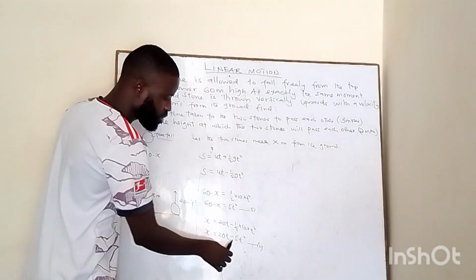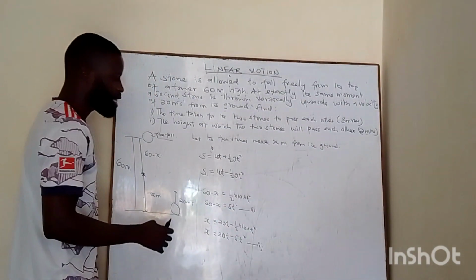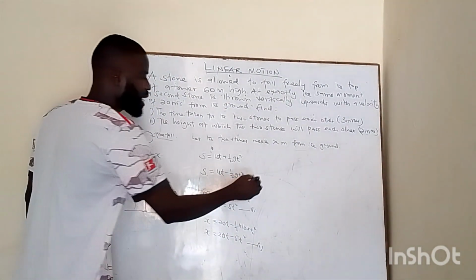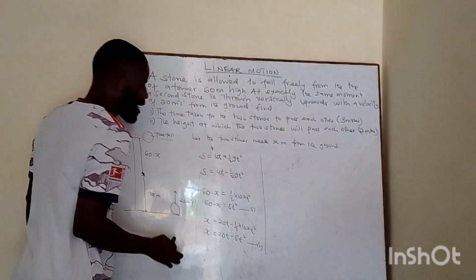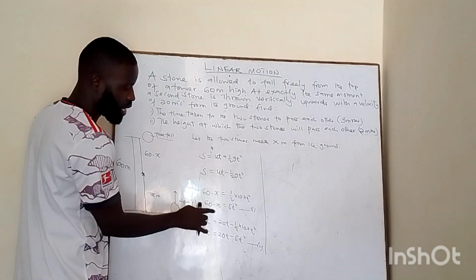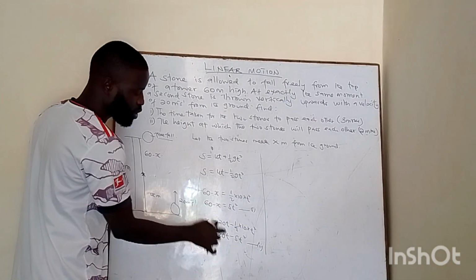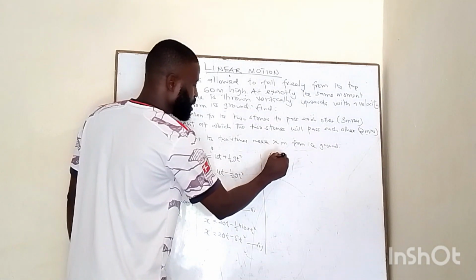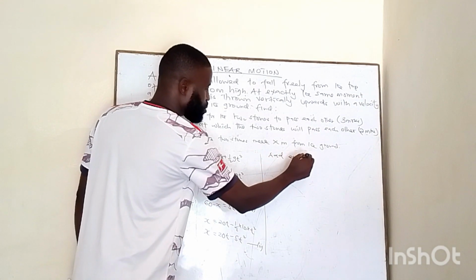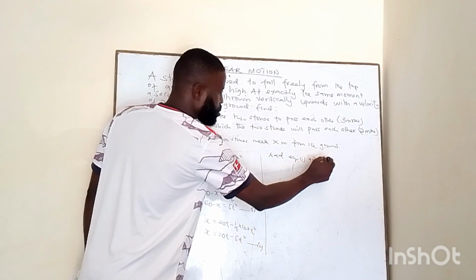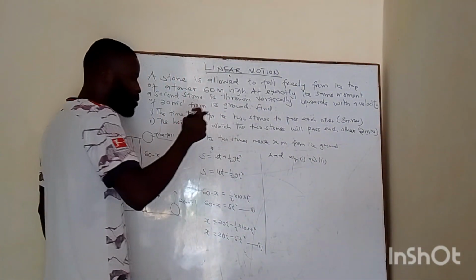So I simply add these two equations and I equate them to 60. Or rather, I can add equation 1 and 2. Also, when you are adding, we add both sides.